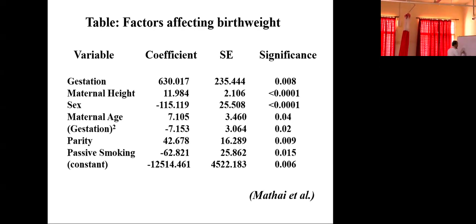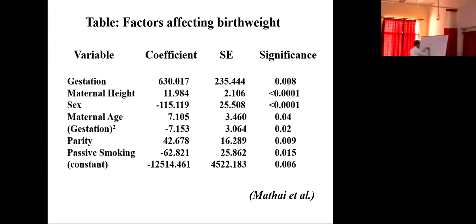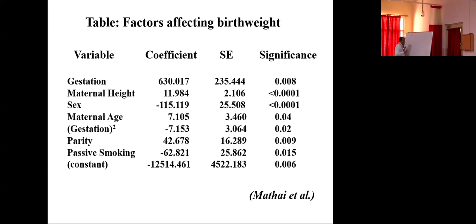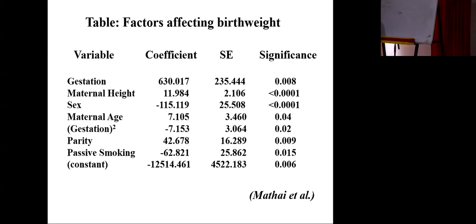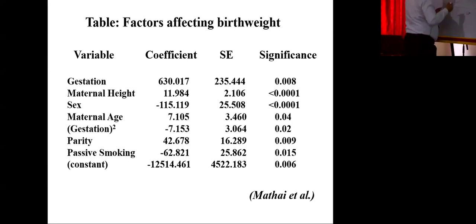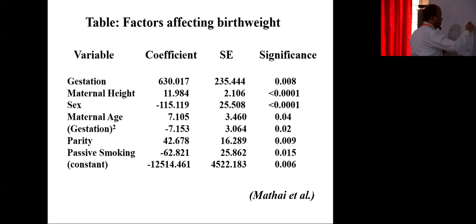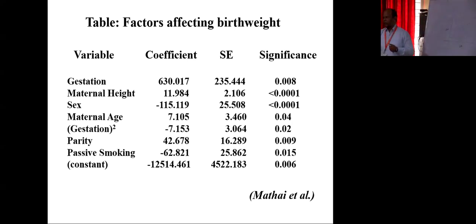GA. This is what you get in the real life situation. If you do a linear regression analysis, you would land up with a curve like this. This is what the regression analysis says if you put only one variable, GA versus birth weight.